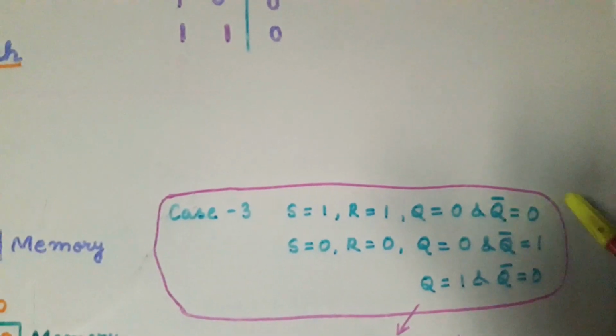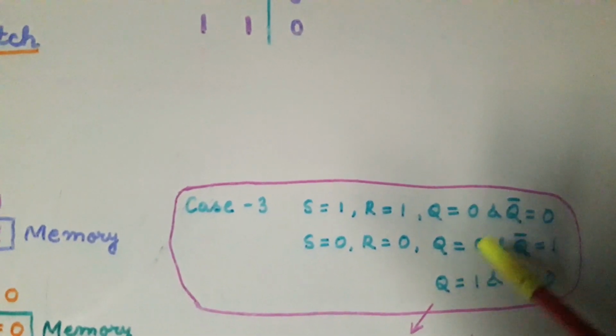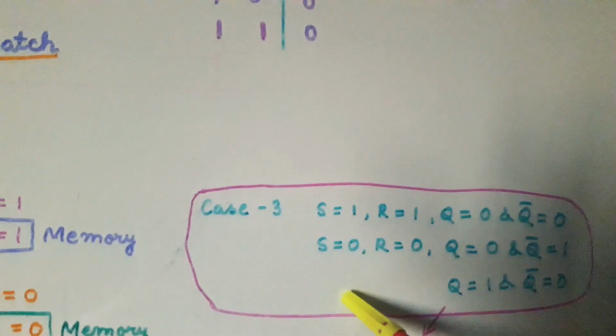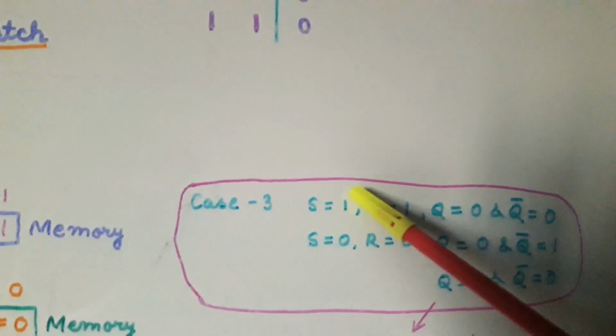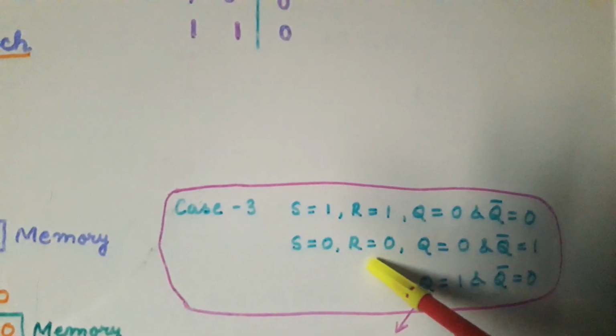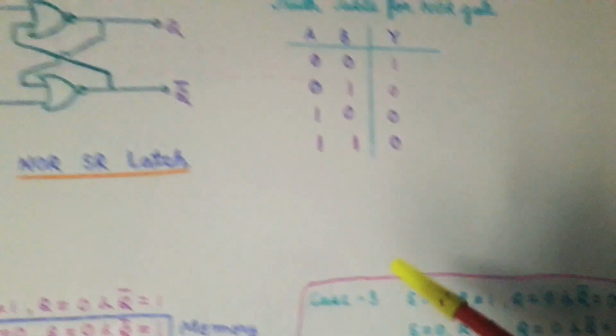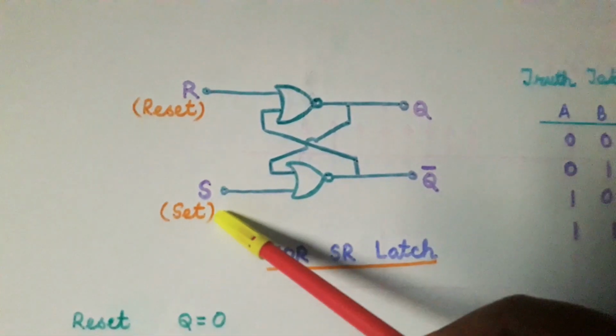Now this is not the only case. Let us see whether this value remains the same even after removing the inputs. So if we remove the inputs, then the value of S will be 0 and R will be equal to 0. So we have removed the inputs, that is, we have made them equal to 0.